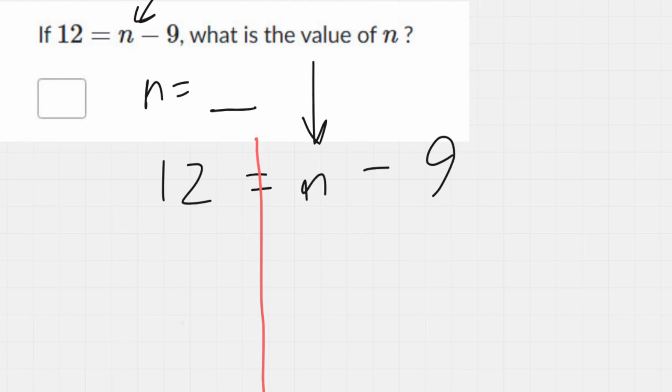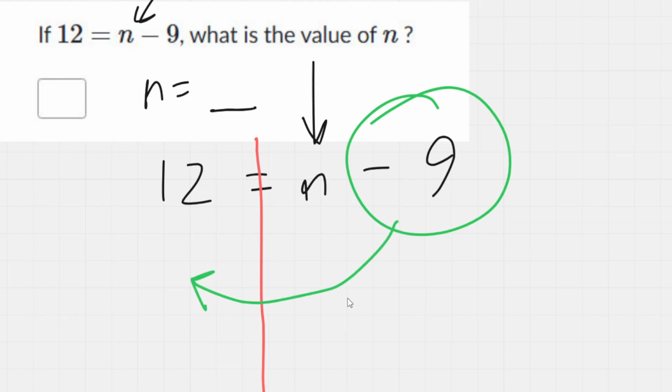Cool. So here, what I'm going to do is I need to get rid of things in order. Let's change a few colors so that you can see what steps I'm doing. Here, what I need to do is get rid of this 9, and I need to make this 9 go to the opposite side. How do I get rid of a negative 9? It's very simple.